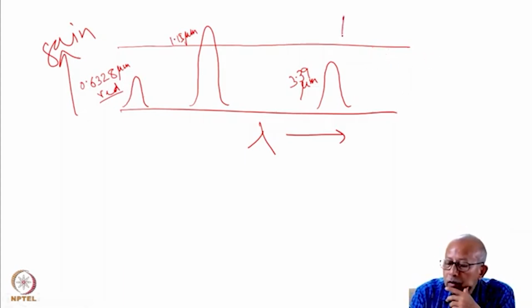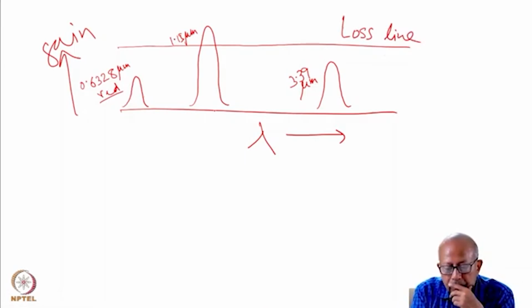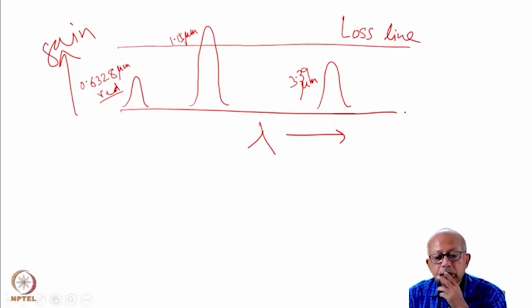This is the loss line, which is parallel to the wavelength axis, because it is independent of the wavelength. Suppose the cavity is such.